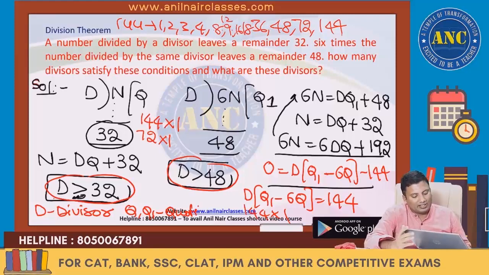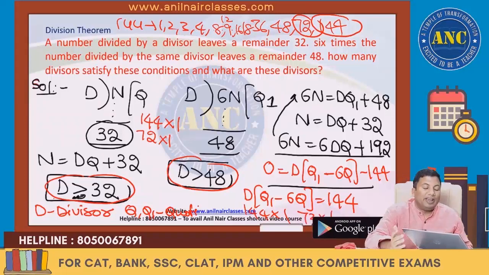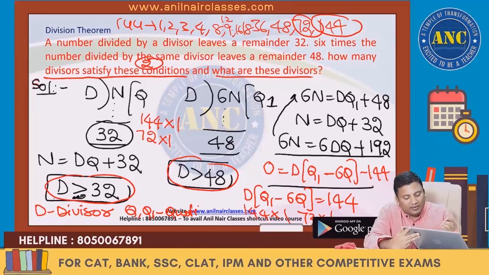These are all the factors. d has to be greater than 48. d can take 144. d can take 72. d cannot take 48, because if it is 48, 48 into 3. But the d value should be greater than 48. So how many divisors will satisfy the conditions? 2 divisors will satisfy the conditions. What are these divisors? Divisors are 144 and 72.